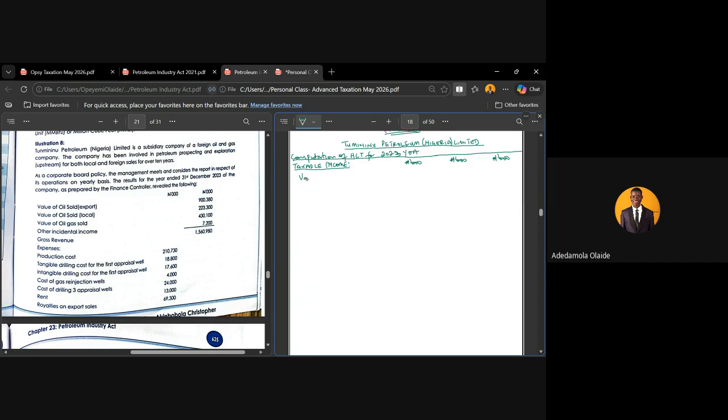The first one is the value of oil sold in the export market, which the question gave us as 900,380. Then the next one is the value of oil sold in the local market. That's 223.